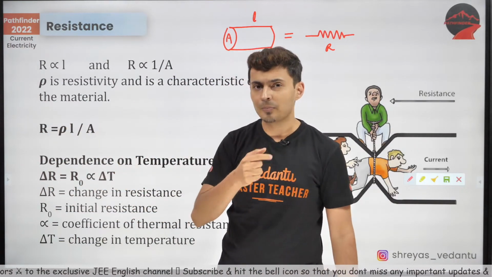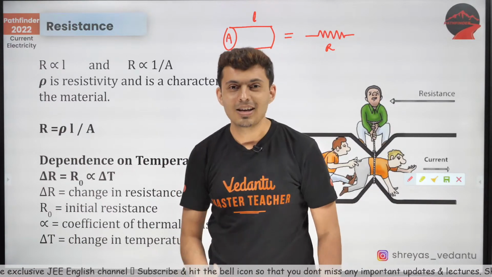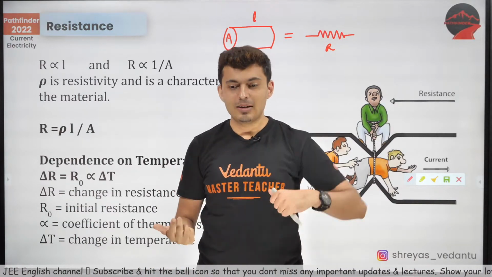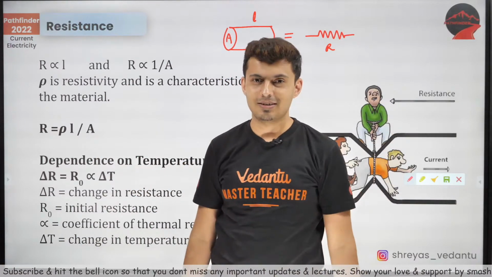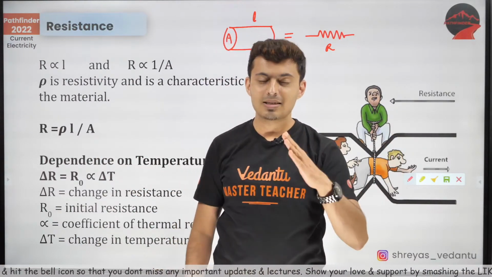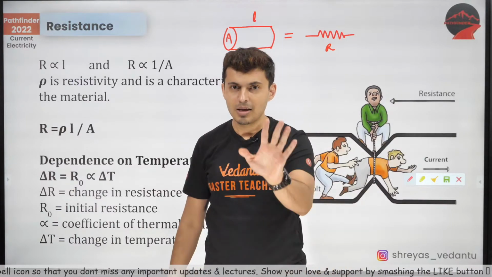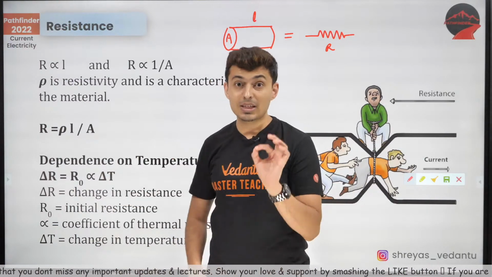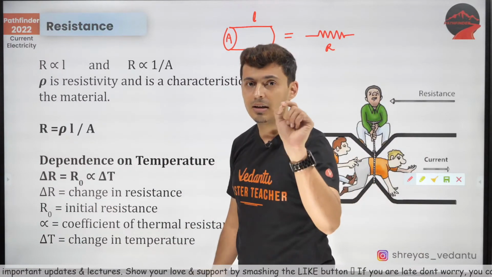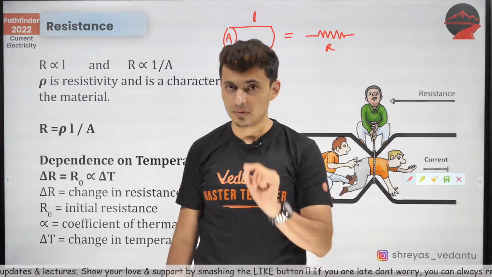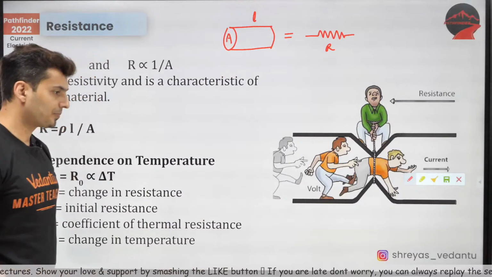Delta R becomes negative. Those devices where, when you increase the temperature, resistance decreases, are actually semiconductors. You will learn that separately towards the end of 12th standard. But you should know that there are devices which have negative value of alpha, but conductors in general will have positive value of alpha. Keep this in mind.